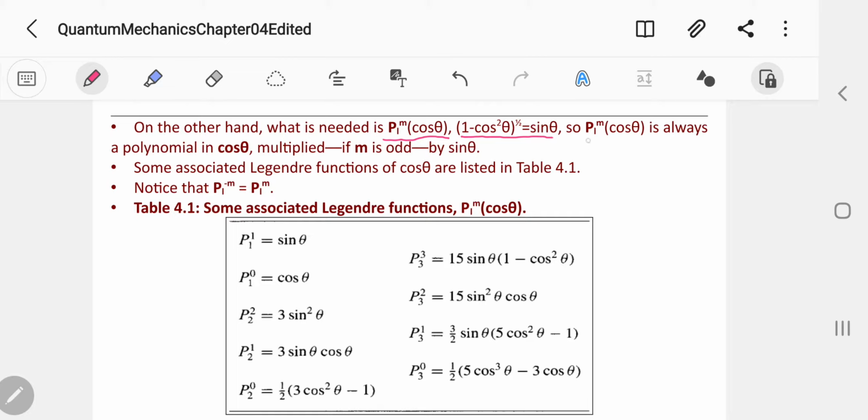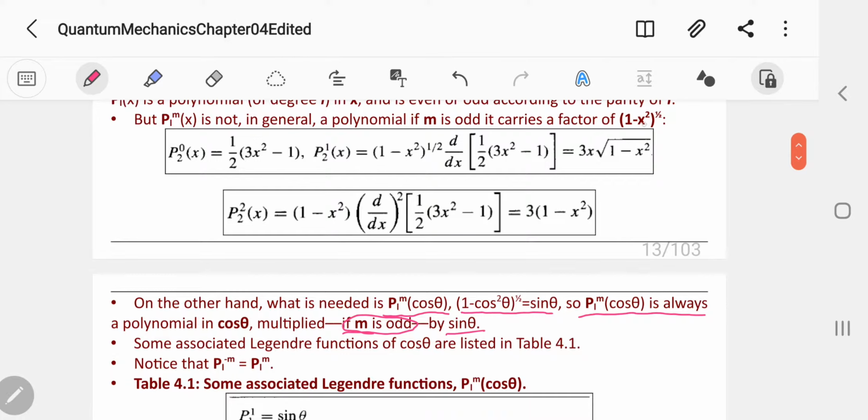P_L^m of cosine theta is always a polynomial in cosine theta multiplied by sine theta if m is odd. It's just the same as here. Your x is cosine theta, and it becomes 1 minus cosine squared theta, which becomes sine theta there.